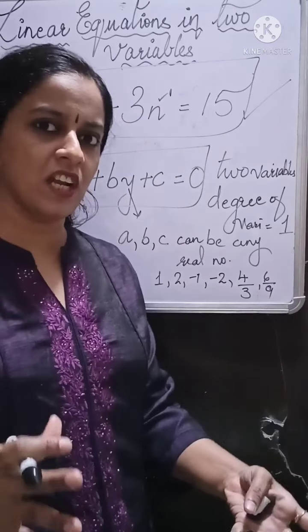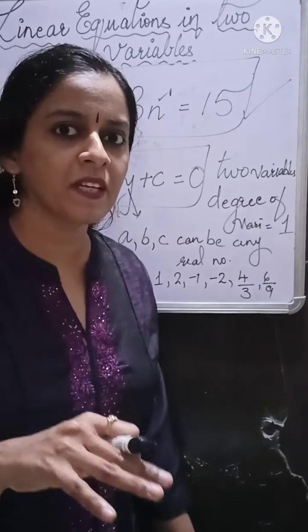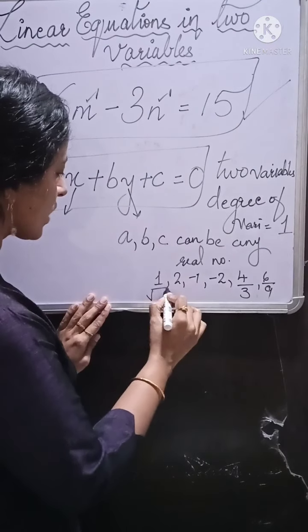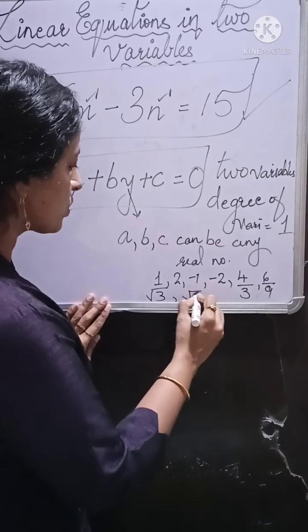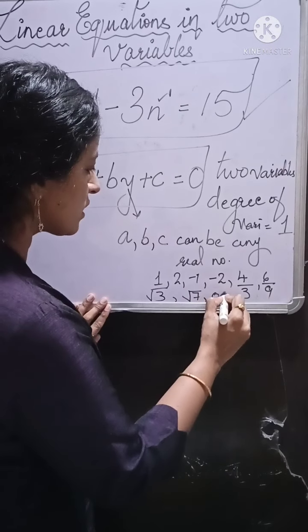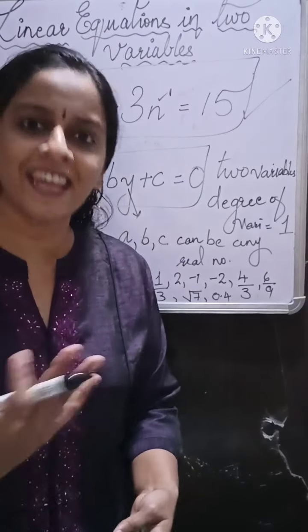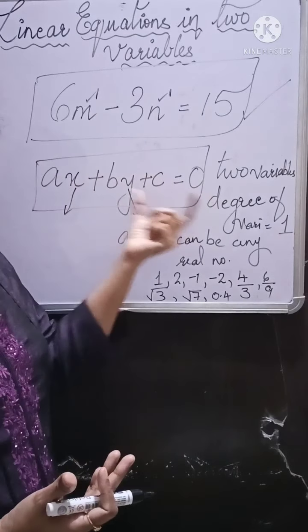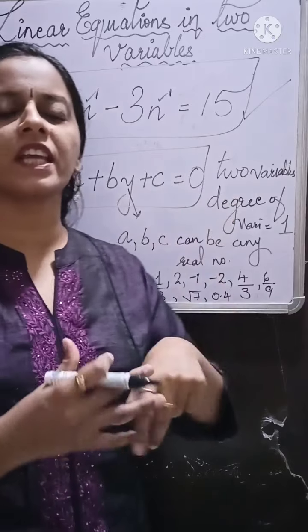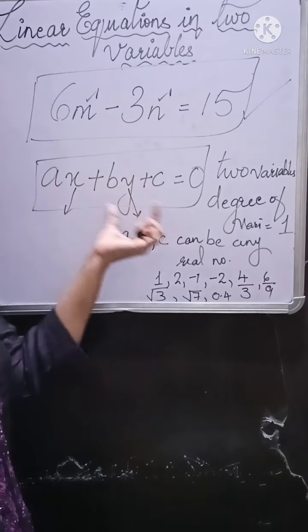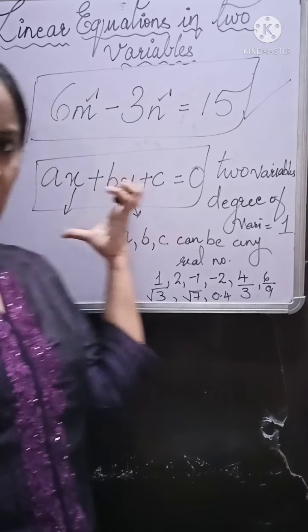Like that, any rational number, and real numbers also include irrational numbers. So in place of a, you can also get root 3, root 7 or 0.4. These are real numbers, right? In place of a, b, c, you can get any real numbers. But there should be two variables. So this is the general form.